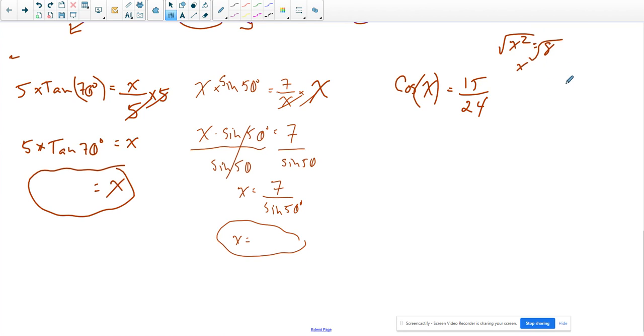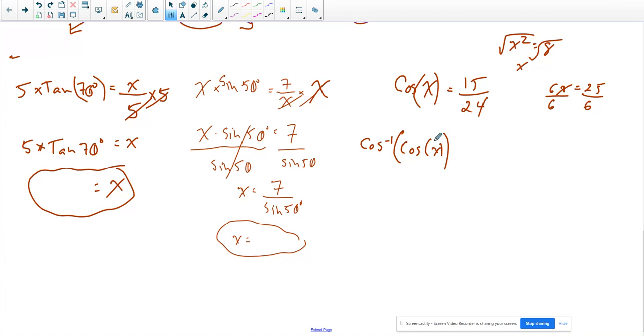If we had 6x equal to 25, we'd say, 6 is multiplying x. To undo multiplication by 6, we divide by 6. Well, cosine is similar. Cosine is an operation that's happening to x. So if I want to undo cosine, I'm going to have to do cos inverse. So again, I'm going to show you the long way around. So it would be the cos inverse of the cosine of x.